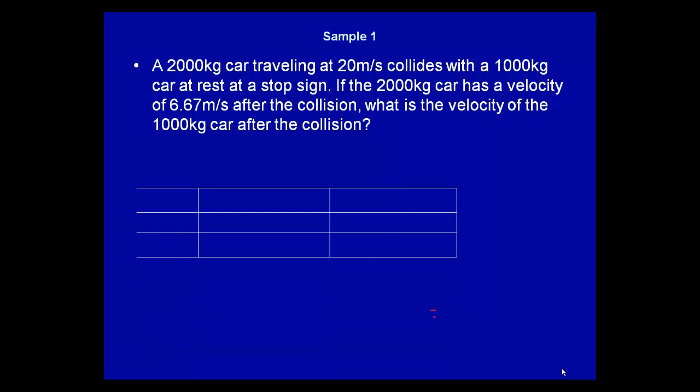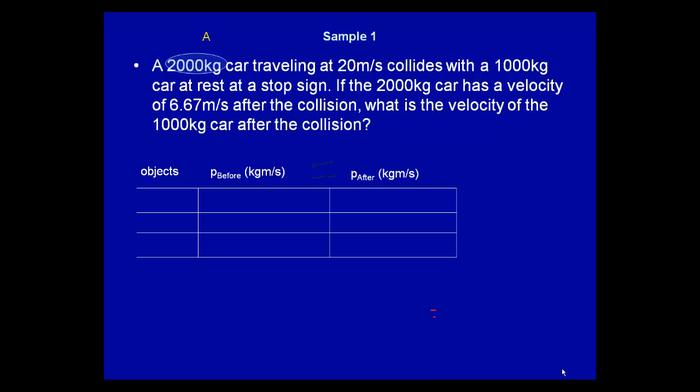Now, first of all, the momentum table we talked about earlier will look like this. You'll have a place down the left side for objects. You'll have a place for your momentum before. The units are going to be kilograms times meters divided by seconds. And then you'll have a place for your momentum after, and also it's going to be kilograms times meters divided by seconds. Now, the first thing I have to do is label my objects.